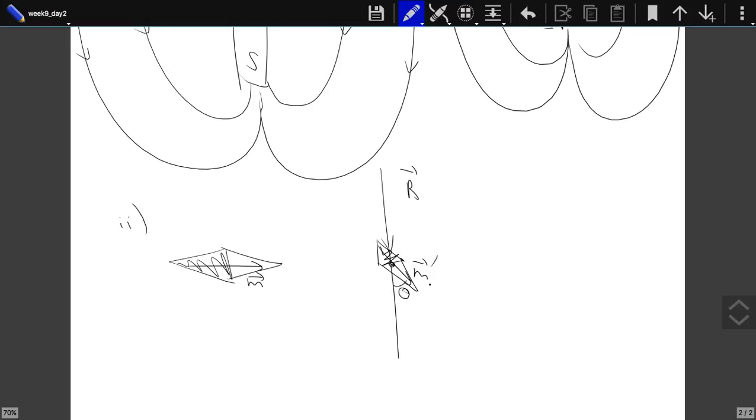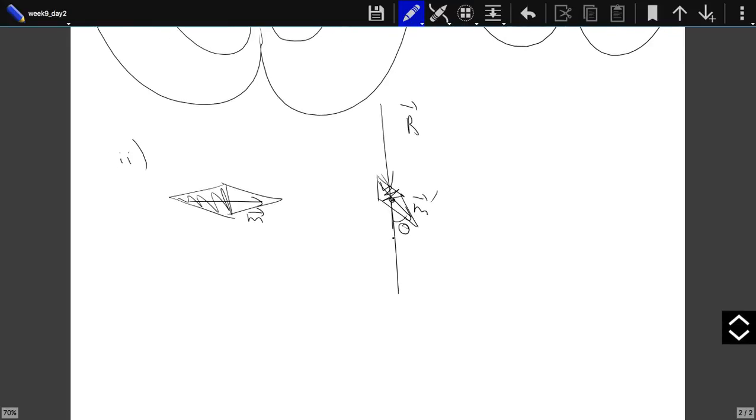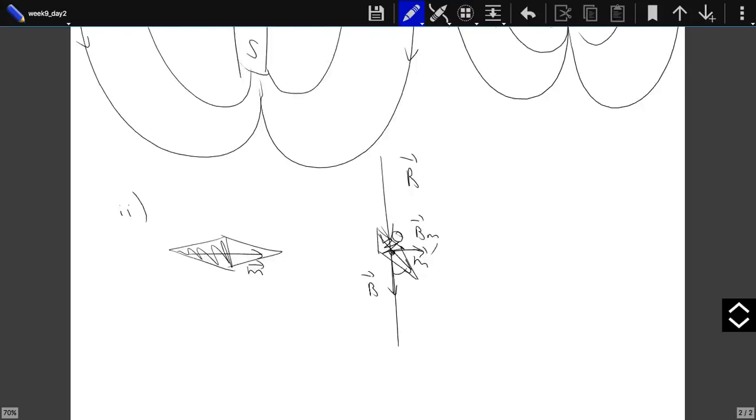Now at this place, this M prime just settles in the total B field, total magnetic induction, which has a component in this direction which is given by B, but it will also have a component in the perpendicular direction due to this M.